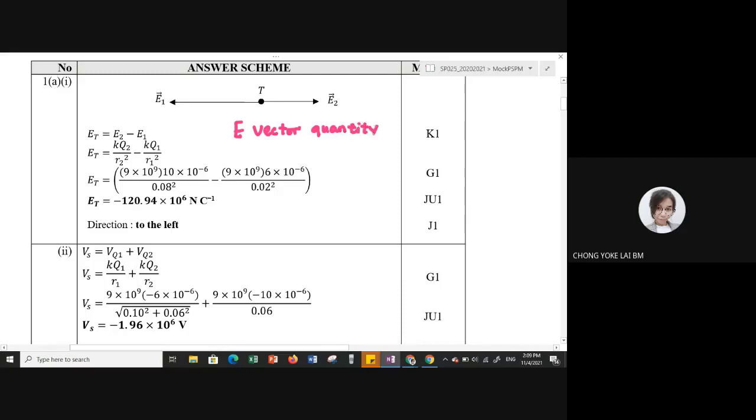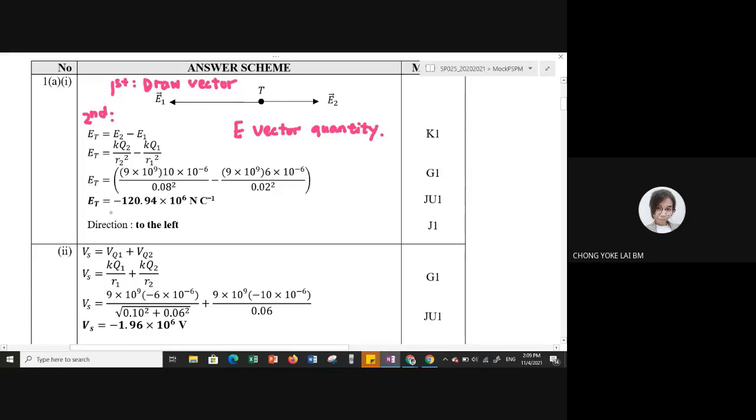If you want to solve the question, the first step is to draw your vector. Once you have drawn the vector, the second step is you do your calculation. Why do we minus? Because the two vectors point in opposite directions.